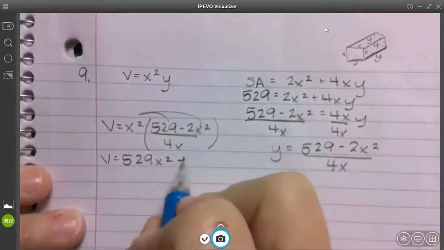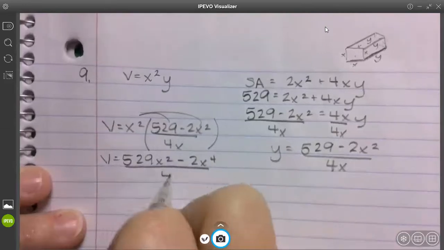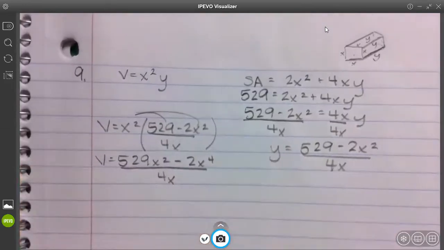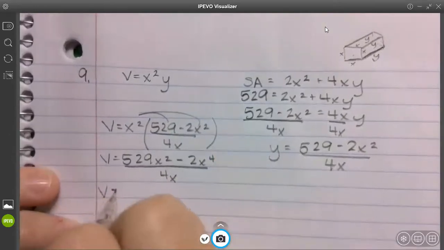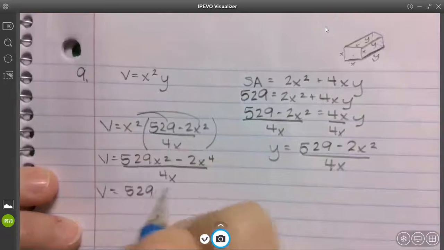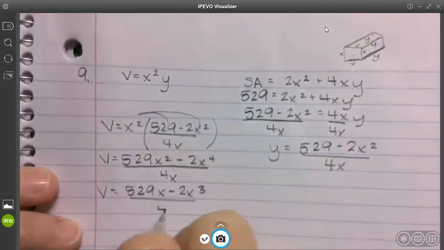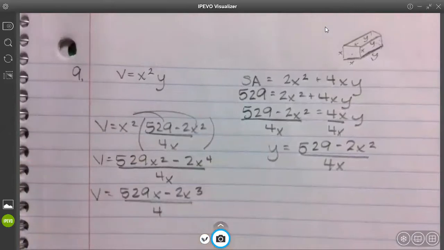I got 529x squared minus 2x to the 4th over 4x. They all have x's, so I went ahead and reduced. You could have done that up here as well. So 529x minus 2x to the 3rd over 4.